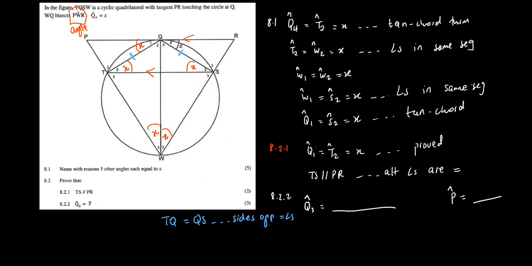Well, we're told that it only bisects PWR, meaning this one. That is it there.